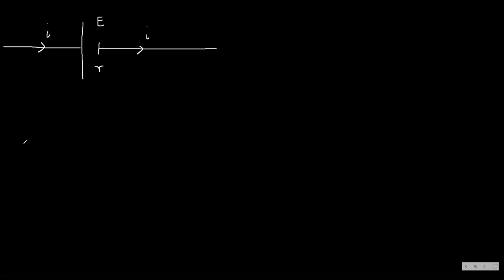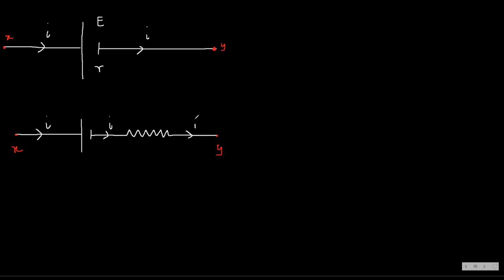Okay. Now I'm going to work out that R value. This point is considered as Y, and this one is considered as X. Same here. Current is going this way.